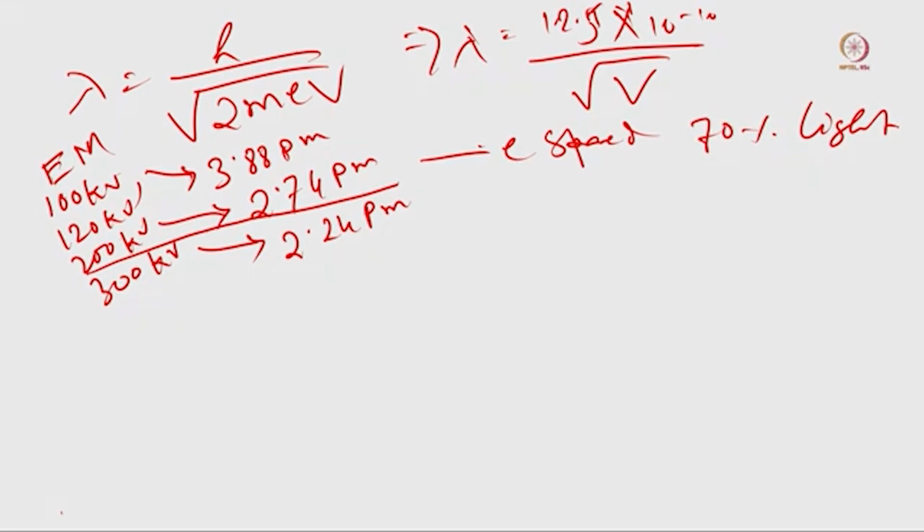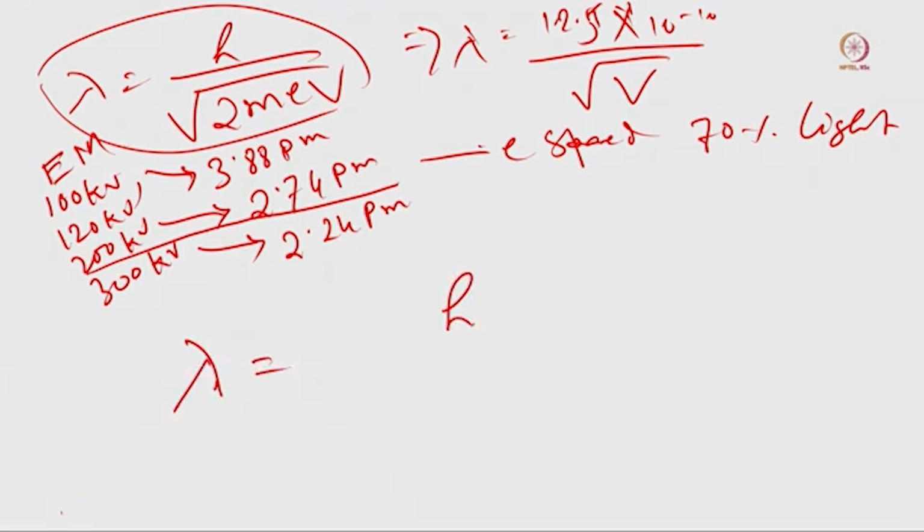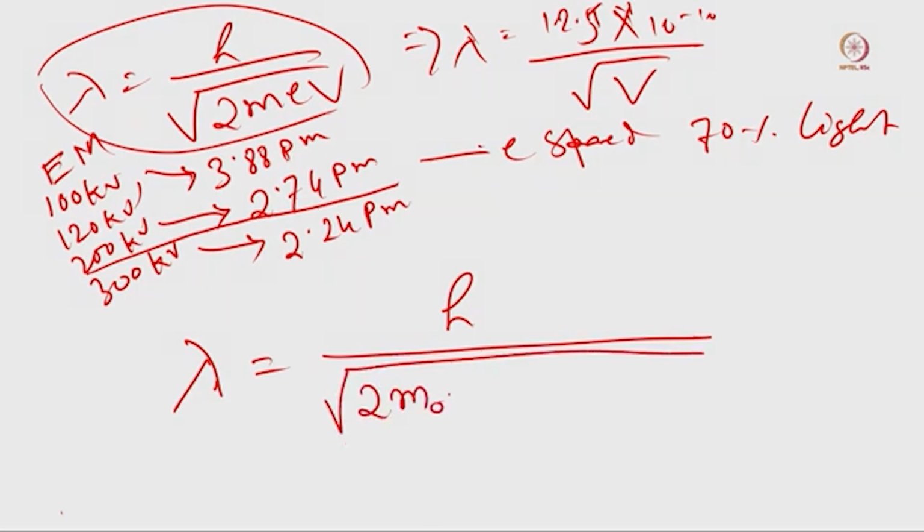So here the relativistic effect is an important part that we cannot ignore. So the modified formula we wrote here will be modified like that. Lambda equals h by root of 2 m0 eV multiplied by 1 plus eV by 2 m0 c square.